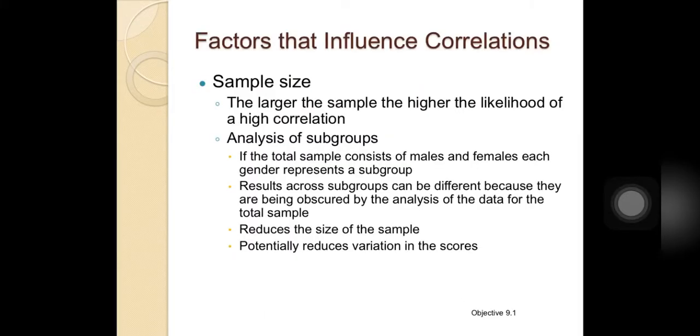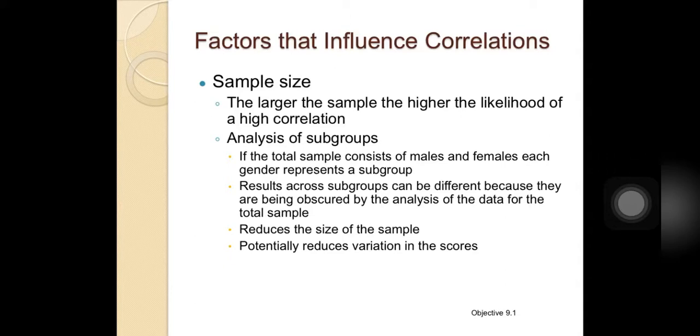Okay, my name is Lestariani. So I will explain about factors that influence correlations. The first one is sample size. The larger the sample, the higher the likelihood of a high correlation. Analysis of subgroups.